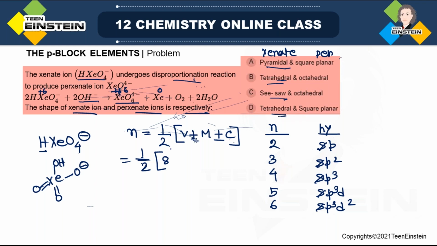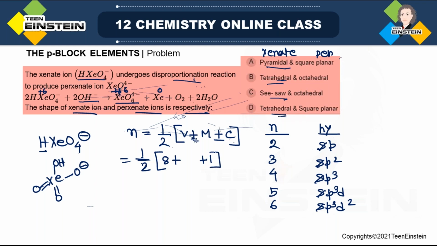Here we have a single negative charge. Suppose I am not considering the monovalent atoms right now, first I am considering the charge. Since there is a single negative charge, it will be +1.